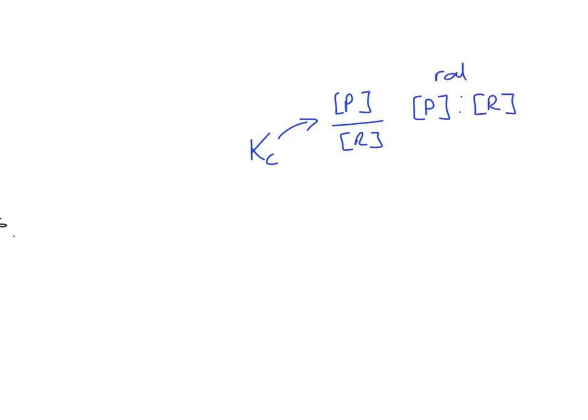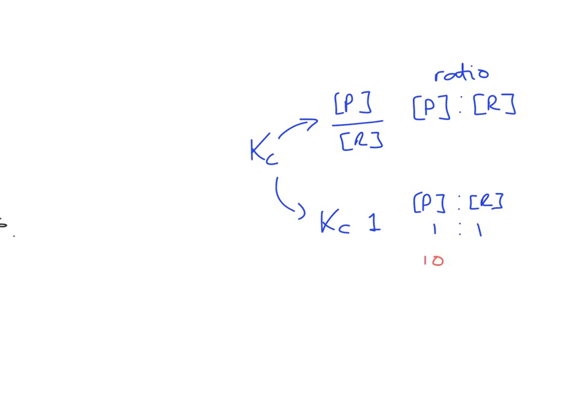So we're thinking about a ratio here. If Kc is 1, then it means there are exactly the same reactants and products at concentration. So Kc of 1 equals a ratio of products to reactants as being 1 to 1.